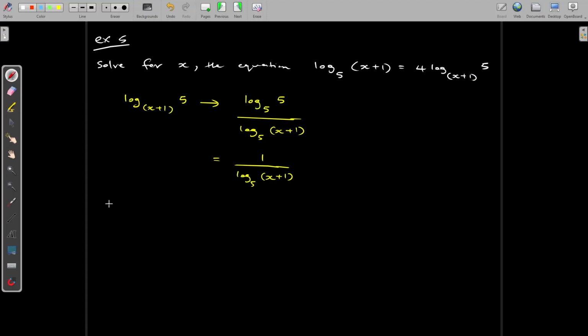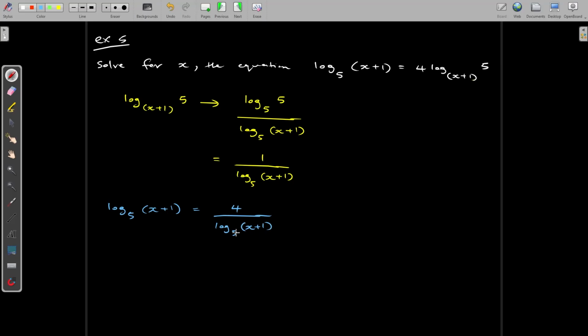On the left hand side we have log base 5 of x plus 1 is equal to, so remember the 4 was on the outside here, so it will be multiplying the 1 in the numerator position. So it is 4 over log base 5 of x plus 1.